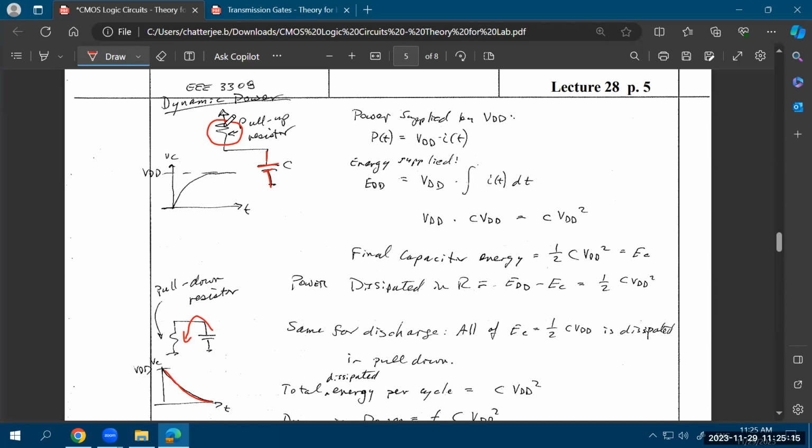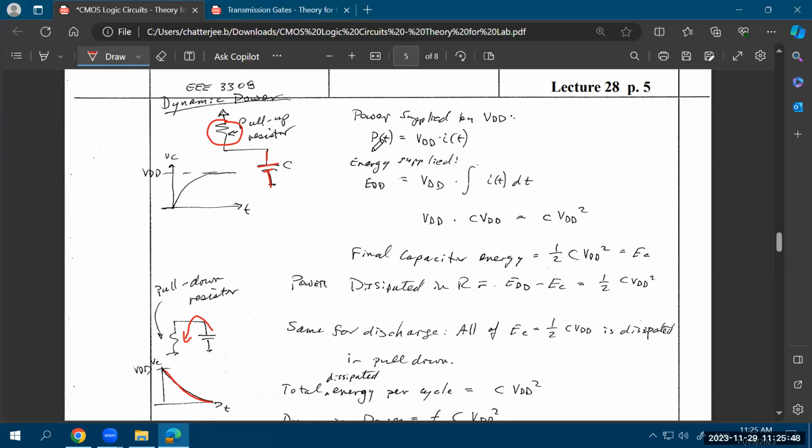You do not consume power in capacitors or inductors, because their impedance is imaginary. For a resistor, the impedance is real. Whenever you have a real impedance, you consume some amount of resistive power. There is a concept of reactive power for capacitors or inductors. We'll not go into that; that is part of your electromagnetic theory. But here it suffices to say that because you have modeled it with a resistor, there would be some amount of power consumption in it.